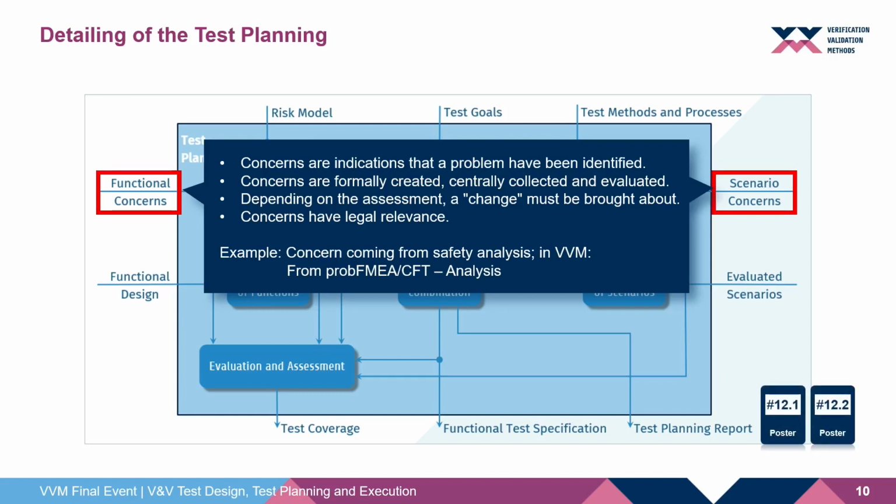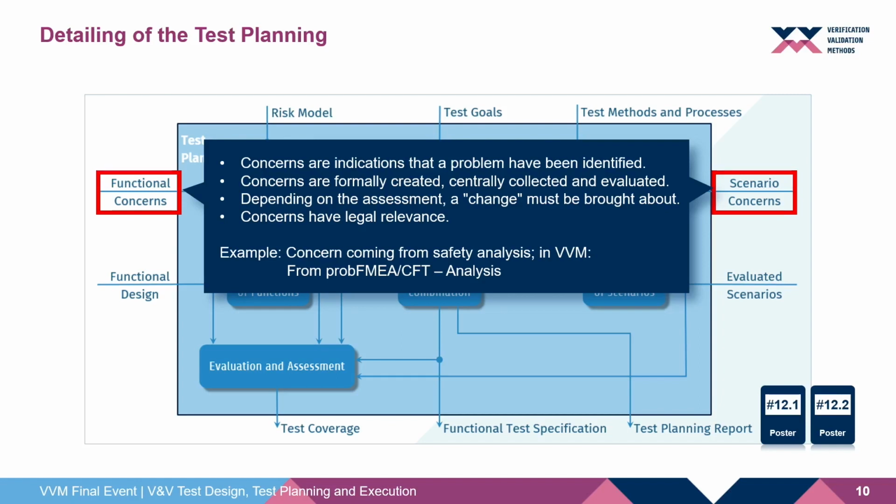Another very important aspect is the so-called concerns. We have heard about this also today at some points, and in the posters which I described here, this topic is also highlighted in a more detailed explanation. But at the core, these concerns are very important because they must be located here in the functional test planning, because they can have a huge influence on the test planning at the very end.